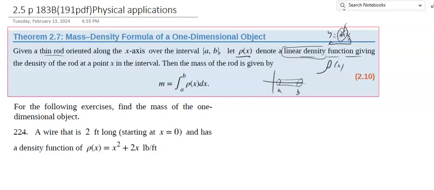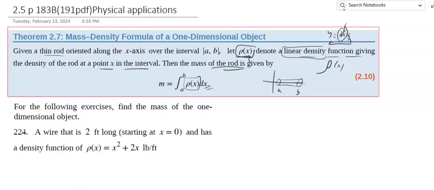Well, the density of the rod at a point x in the interval, so rho is dependent on x. Then the mass of this whole rod will be simply the integral of this density function with respect to x.